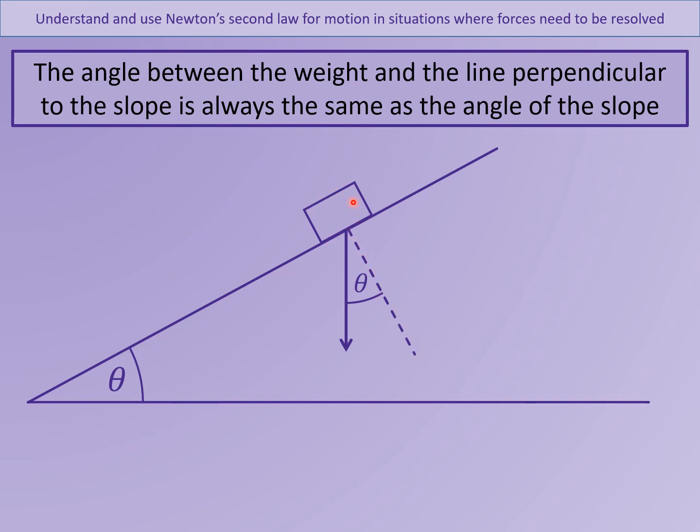So I draw my box on my force diagram, I draw dots going off perpendicular, and then the angle between that perpendicular line and my weight pulling down is always the same as the slope. So if the slope is 20 degrees, that'll be 20 degrees. If the slope is 48 degrees, that'll be 48 degrees, and so on. So knowing the slope means you know the angle between weight and perpendicular. And I'll show you why that's important. So just pause there if you want to take any more notes.